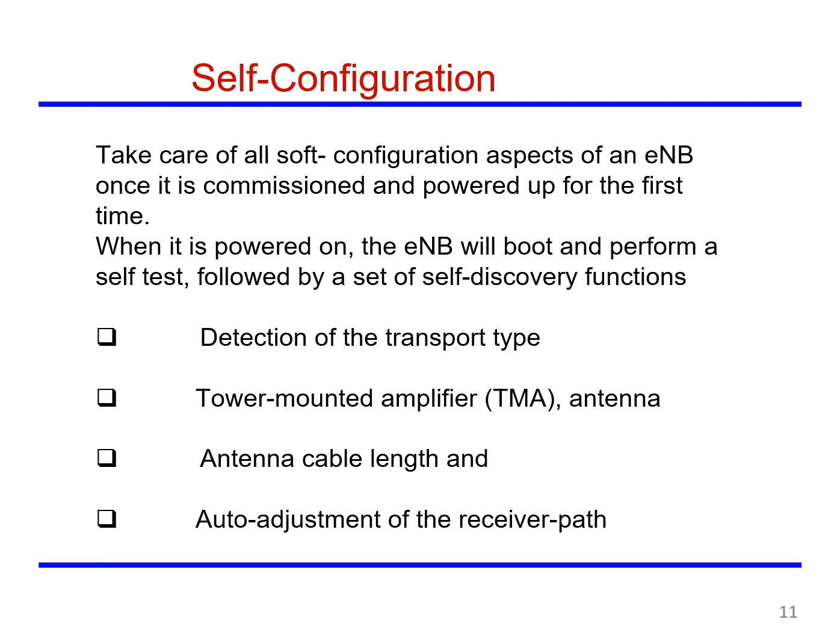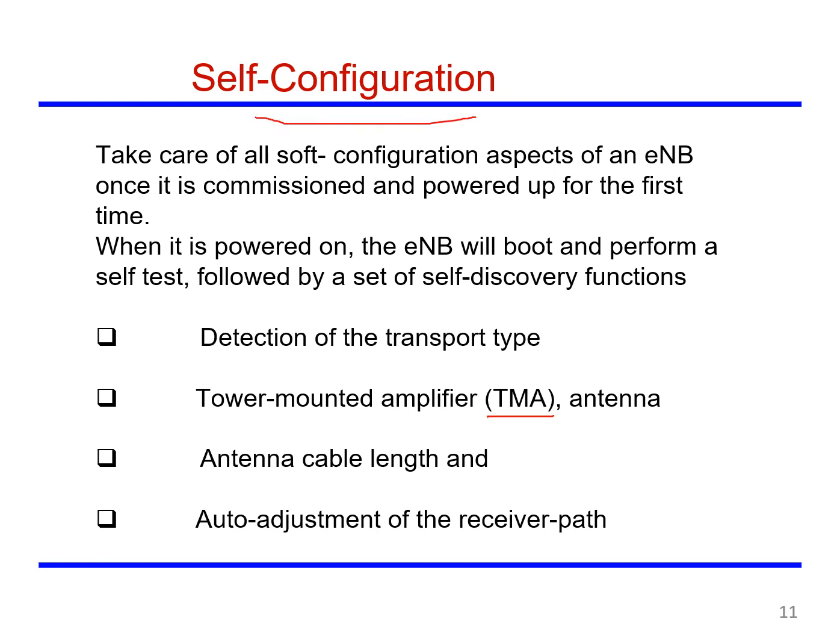Apart from it, self-configuration also has other self-discovery functions like detection of the transport type. It will also detect whether TMA is there or not. TMA means tower mounted amplifier, used to boost the signal and provide long coverage, maybe in highway areas or in areas where you have coverage issues.